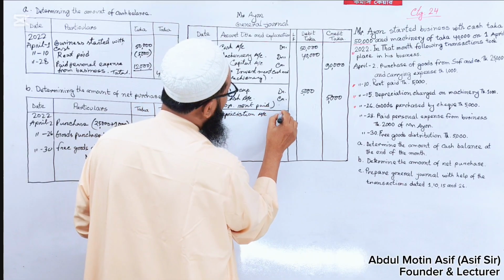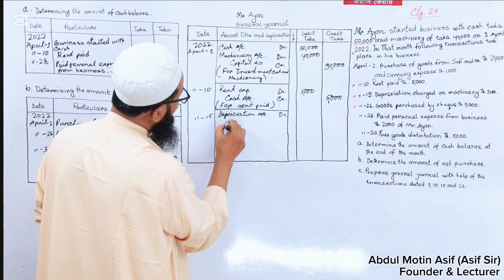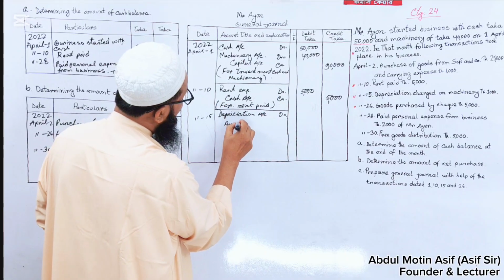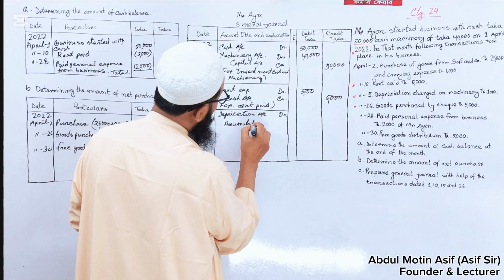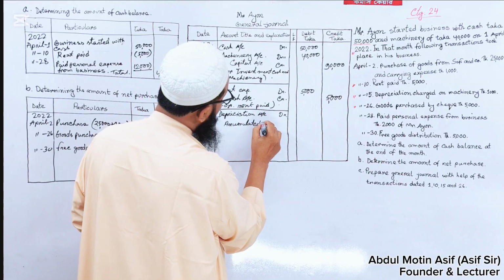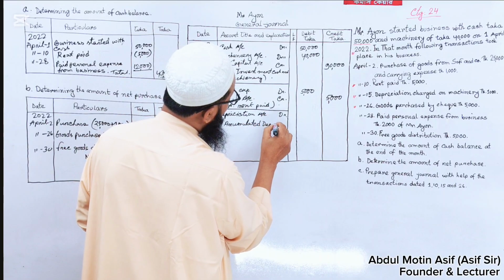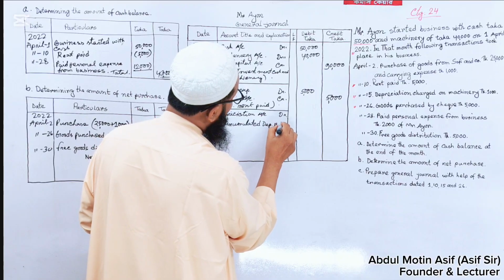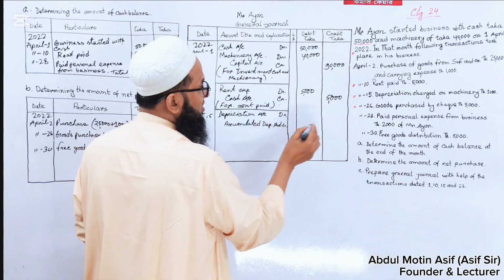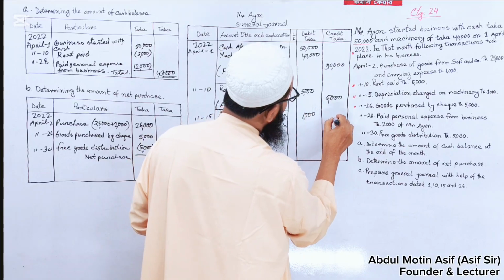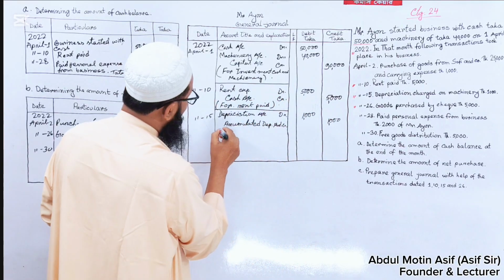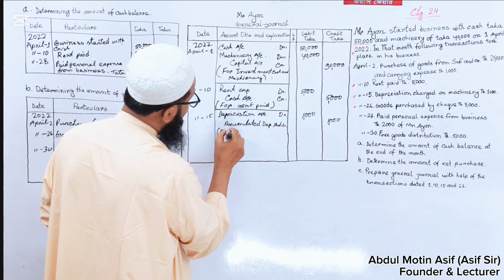And then accumulated depreciation, machinery credit, taka 1,000, for depreciation.